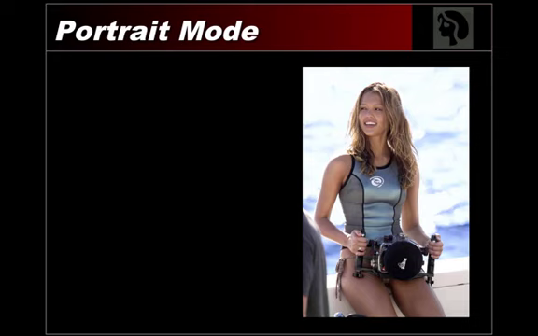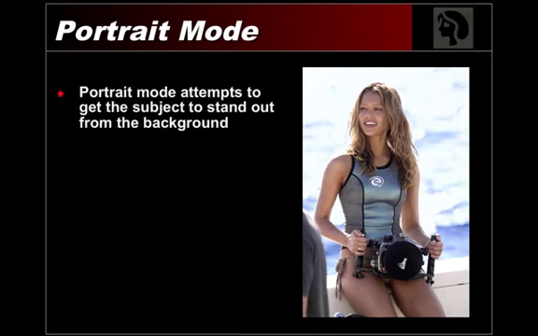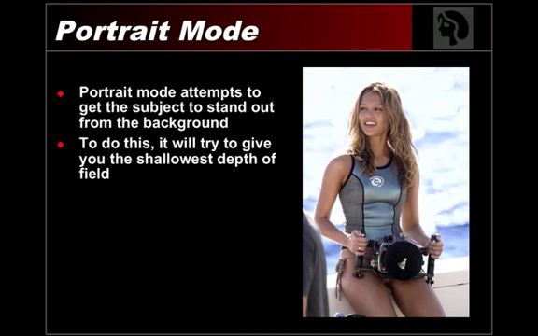Portrait mode. Here's the picture of the little face on the icon, and it is used when we are shooting people in a portrait type situation. You can see with this example on the right hand side, the portrait stands out from the background because you have a shallow depth of field where the background gets blurred out.